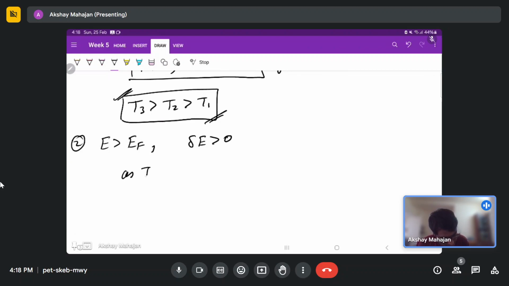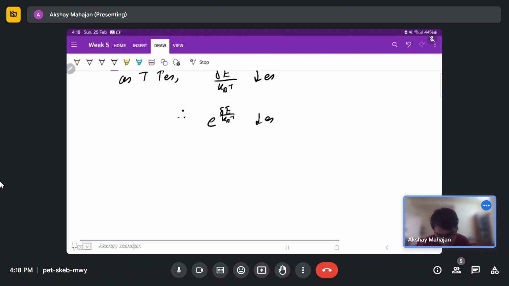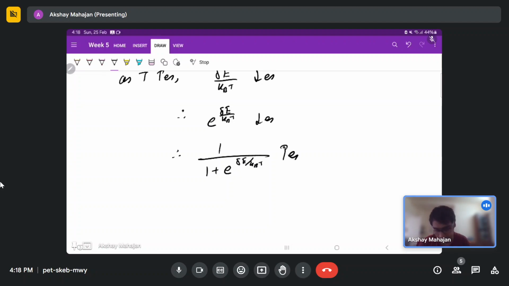So as T increases, this del E by kBT will decrease. The magnitude was decreasing and it is positive now, so this value will decrease. Therefore e to the power del E by kBT will also decrease, and therefore 1 upon 1 plus e to the power del E upon kBT will increase.